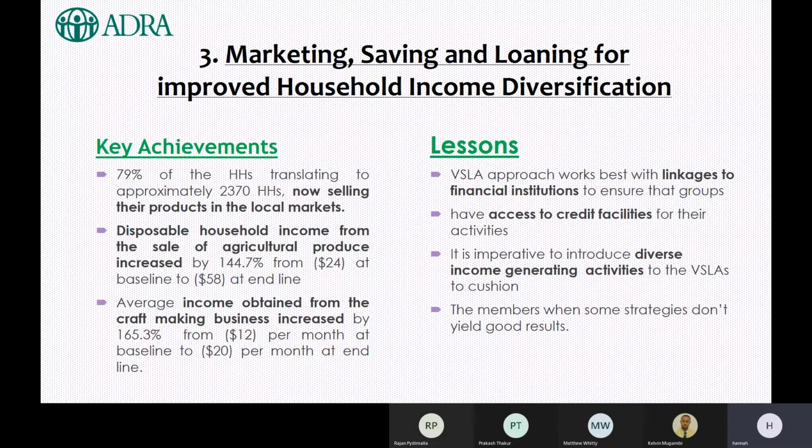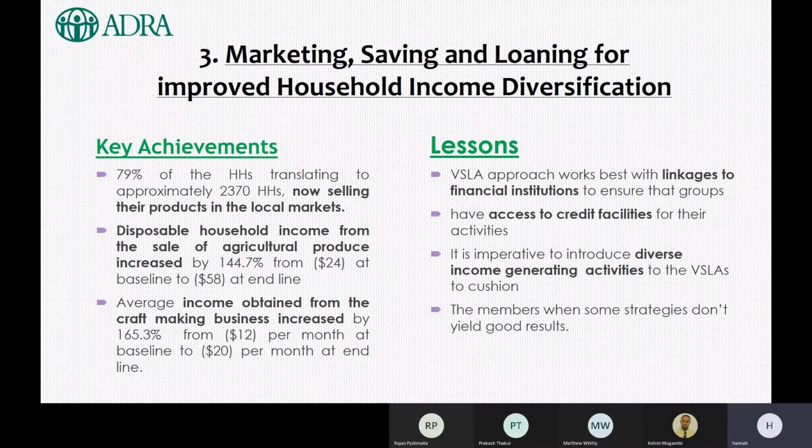Then the disposable household income from the sale of agricultural produce increased by 144.7% from what they used to have, that is $24. They used to have $24 at baseline.